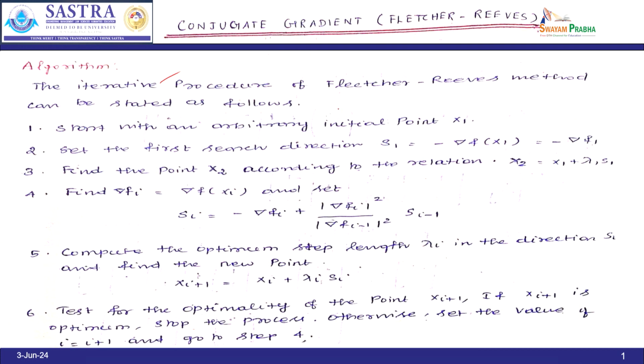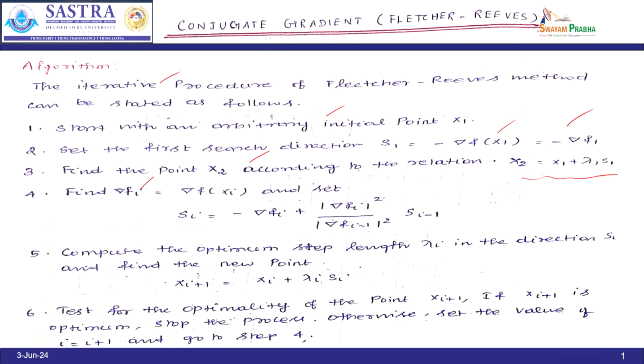Start with an arbitrary initial point x1 and set the first search direction S1 equal to minus del f of x1, which we can write as minus del f1. Find the point x2 according to the relation x2 equal to x1 plus lambda 1 s1.